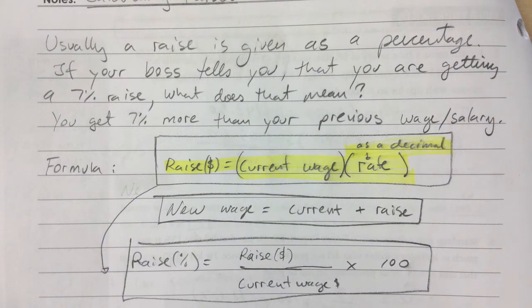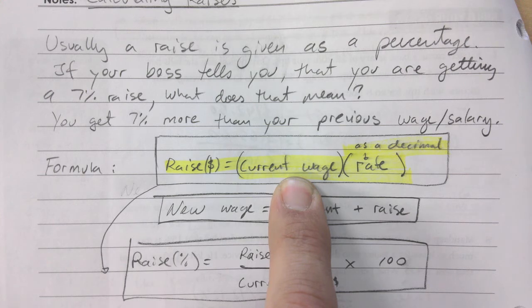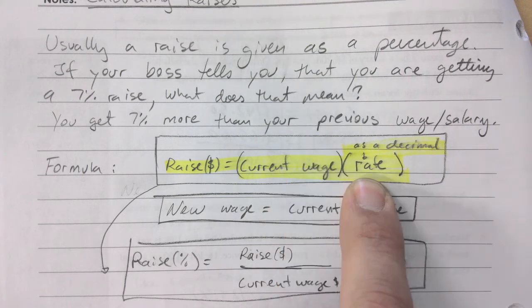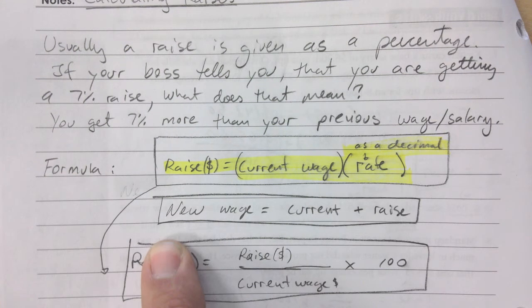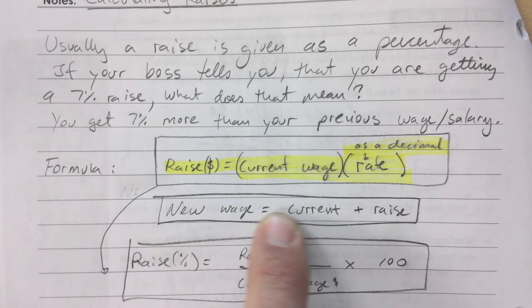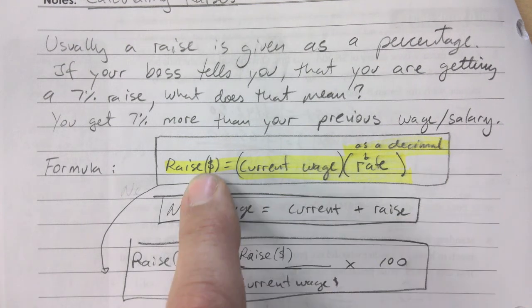So to calculate the raise, you take your current wage, it could be dollars per hour, it could be dollars per year, whatever. You multiply it by the rate, but make sure it's as a decimal. And then your new wage would just be whatever you're making up till the raise, plus the raise you just calculated up here. That would be your new wage.